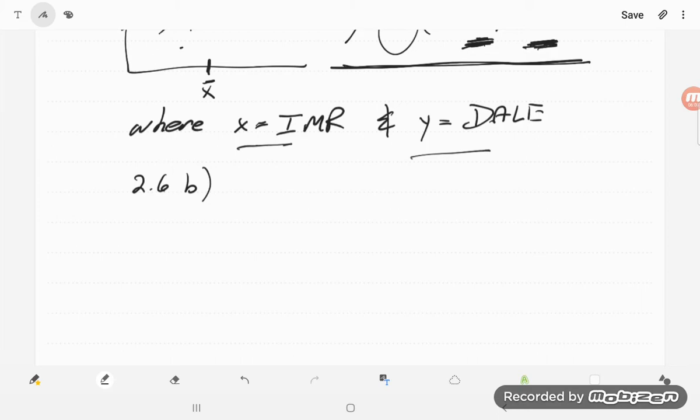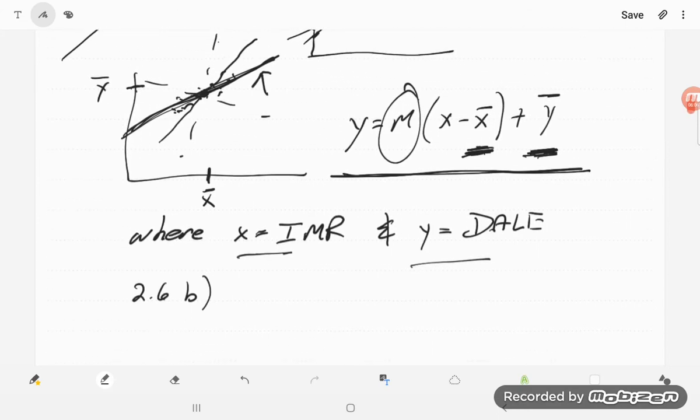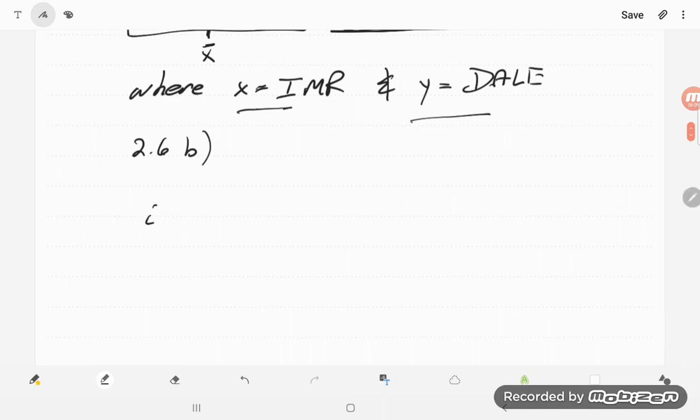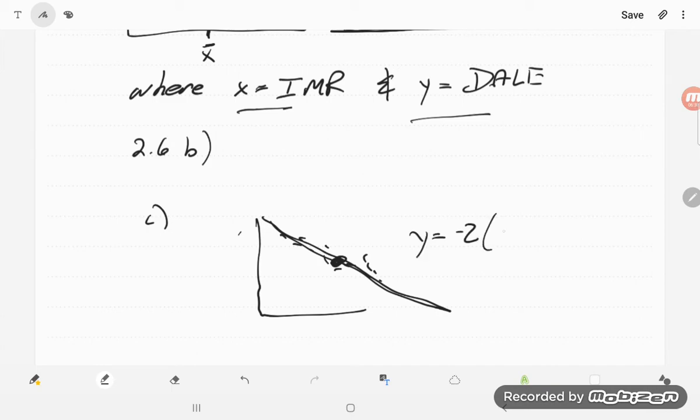Well, I don't remember what that slope is, and actually, what I do remember for C is that my data are going down like that, and so the average is somewhere in there, and I found a slope like that. So my best answer is going to be negative something. So let's just say it was -2, x minus whatever x bar turned out, so maybe the average of the IMR was 5 and the average of the Dale was 12 or something like that.